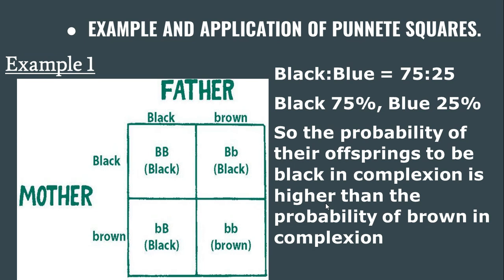The probability that the offspring will be black in complexion is higher than the probability of brown in complexion. As you can see, when it comes to dominant and recessive, both the mother and the father are dominant, so it is the same black.